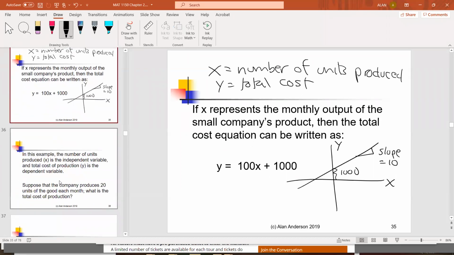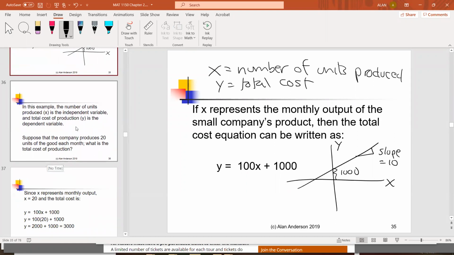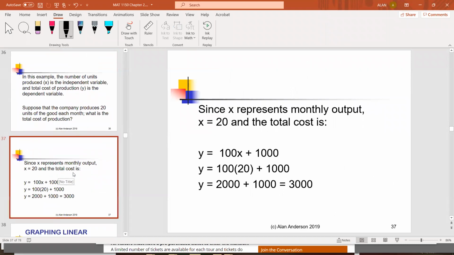Well, now, here's the question. How much does it cost us to make 20 units of this product? Well, in a case like that, remember, Y equals 100x plus 1,000. Now, what I could do is rewrite this as f of x.